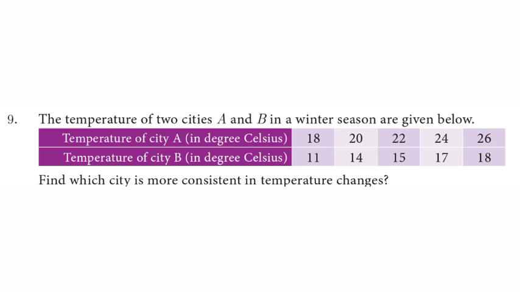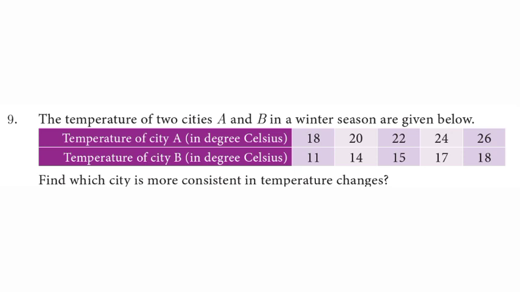Okay, there is a question. Now first we take temperature of city A. We have to find three values. First we find x bar. X bar means summation x by n. Second we find the standard deviation. We use any one method: direct method, actual mean method, assumed mean method or step deviation method.